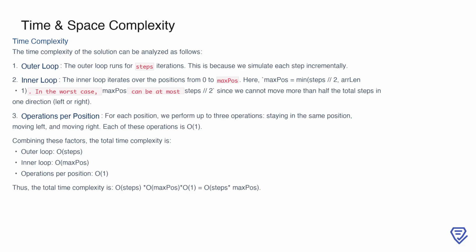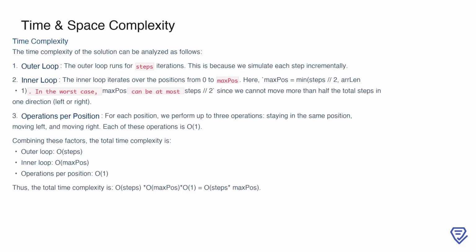At each position, we evaluate up to 3 operations: staying in place, moving left, or moving right. Each of these operations is constant time, or O(1). Combining all these factors, the time complexity is calculated as O(steps) for the outer loop, O(MaxPos) for the inner loop, and O(1) for the operations at each position.